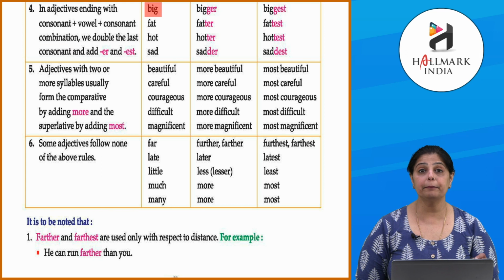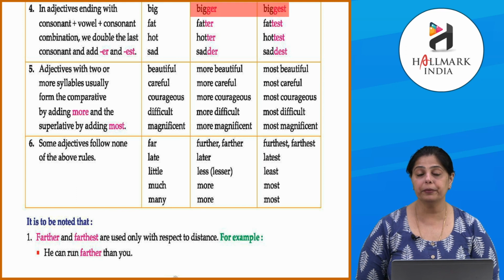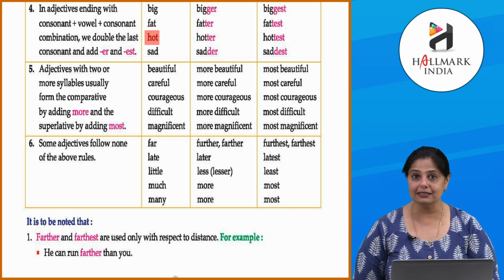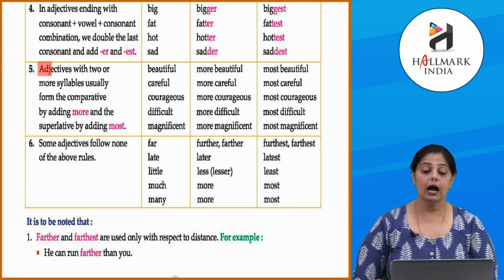Okay, for example, big. So b and g are consonants, i is the vowel. So big, bigger, biggest. So double g हो गया and er and est लगा दिया. Fat, fatter, fattest. Hot, hotter, hottest. Sad, sadder, saddest. Clear?